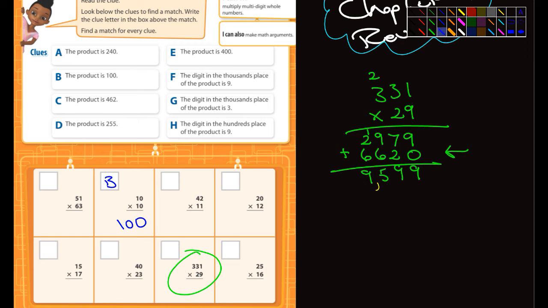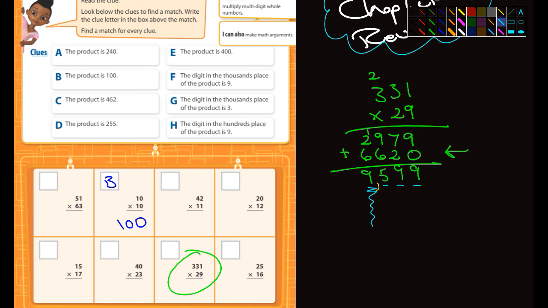So what do we got here? Okay, so the digit in the thousands place is the product of 9. So here's a digit in the ones place, the tens place, the hundreds place. Here it is, the thousands place.